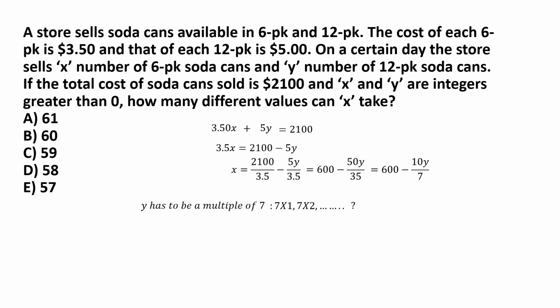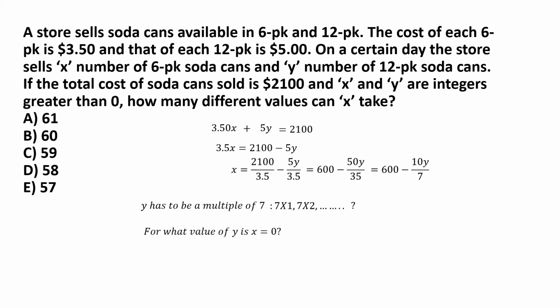So as I keep on increasing y to higher and higher multiples of 7, x will become less and less in value. And at some point, it's going to be 0 or negative. And we know that x has to be greater than 0. So if I can find at what point that happens, I can set a limit on how far y can go in terms of multiples of 7.